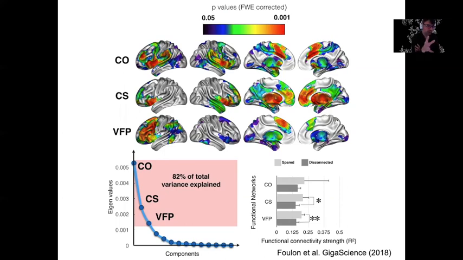And those networks are the networks that are classically synchronized in healthy controls.